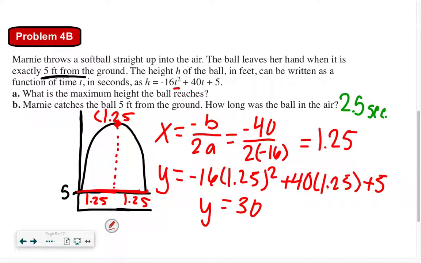Your y is going to be 30. Where do I put that in my picture? Next to 1.25. It stands for my y, which is how high this point is. So how high is it from the ground? 30 feet from the ground.